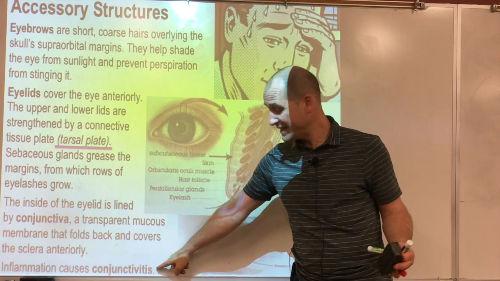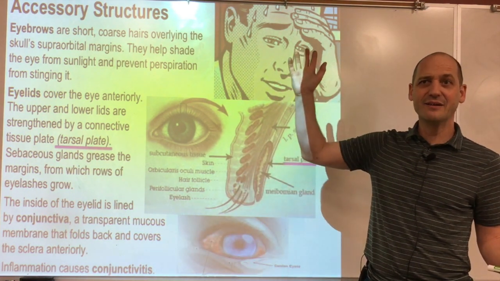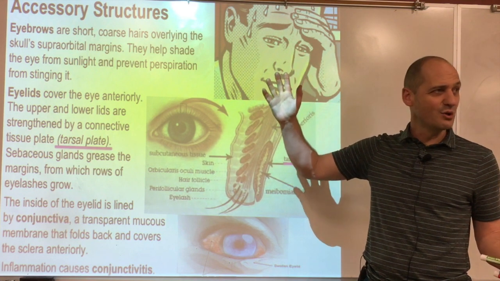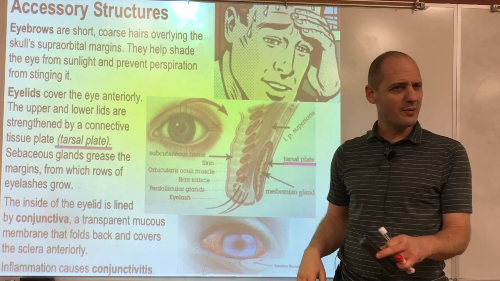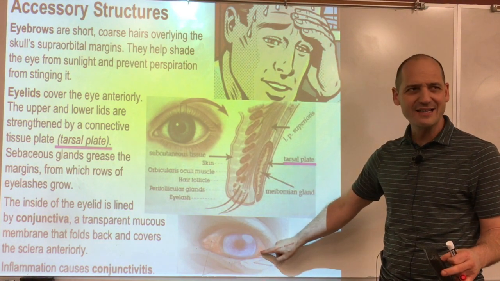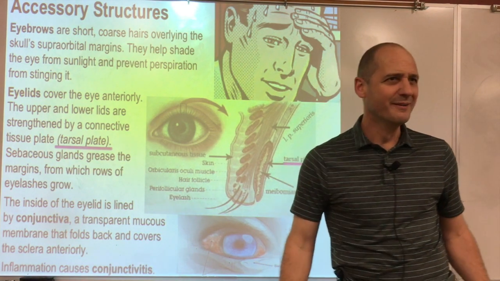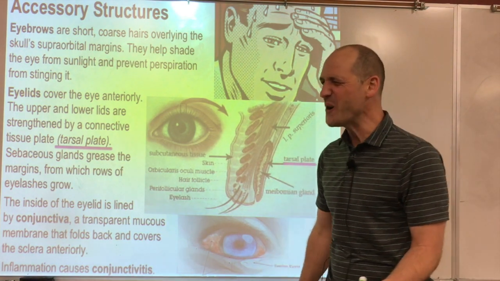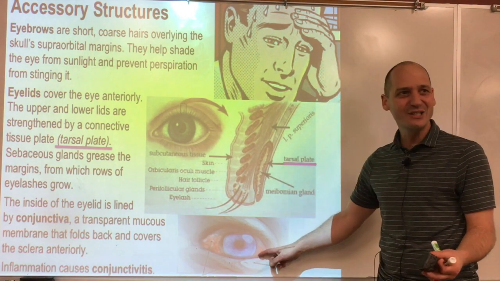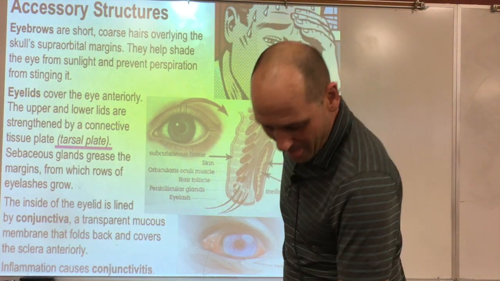When it gets inflamed, we get pink eye. If you've got kids, you know pink eye. That's when they tell you to go home, because it's very contagious. It's not dangerous, you just don't want to be out in public so everybody has it.